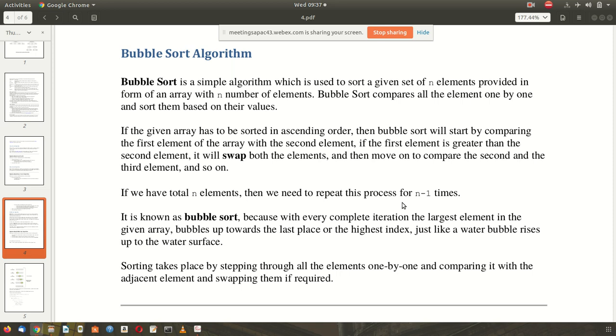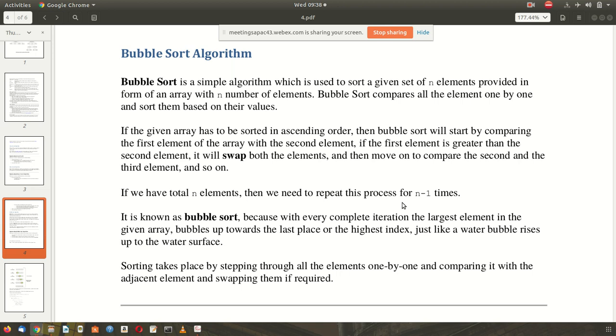So the bubble sort algorithm, the main objective is that when n number of elements is given, it makes the list into serial order. So let us take some numbers.